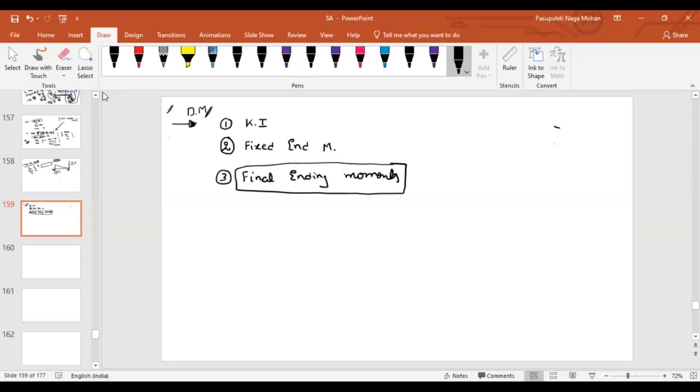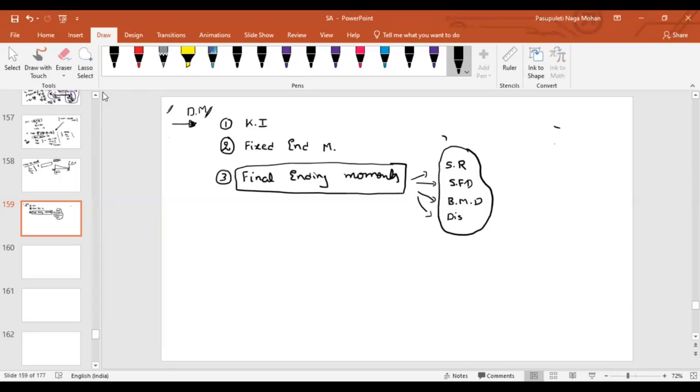By using these final end moments, we will solve the support reactions. After that, we can draw the shear force diagram, and then the bending moment diagram. Even after that, if you are interested, you can find displacements or rotations at any point.